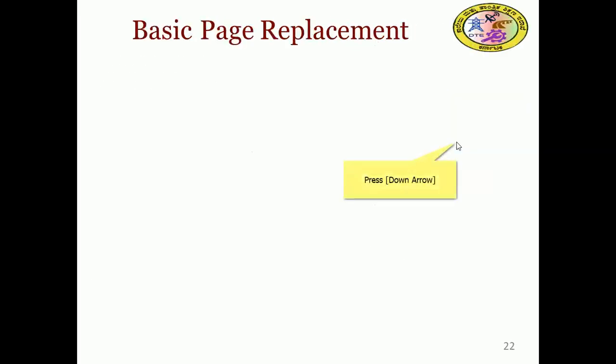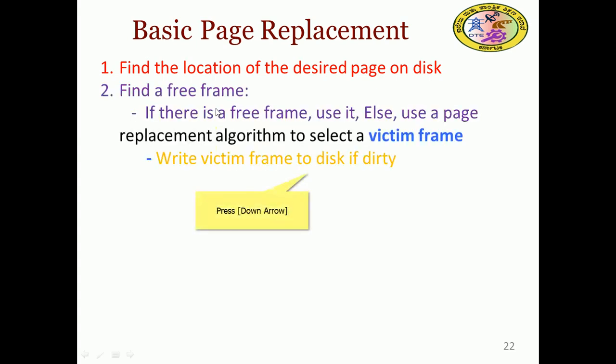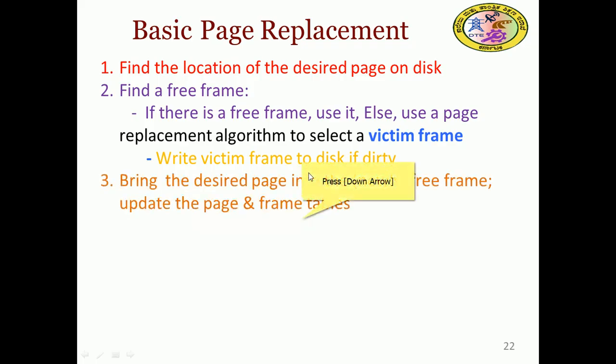Basic page replacement: find the location of the desired page on the disk and find a free frame. If there is a free frame, use it, else use a page replacement algorithm to select a victim frame. Write the victim frame to disk if it is dirty or modified.